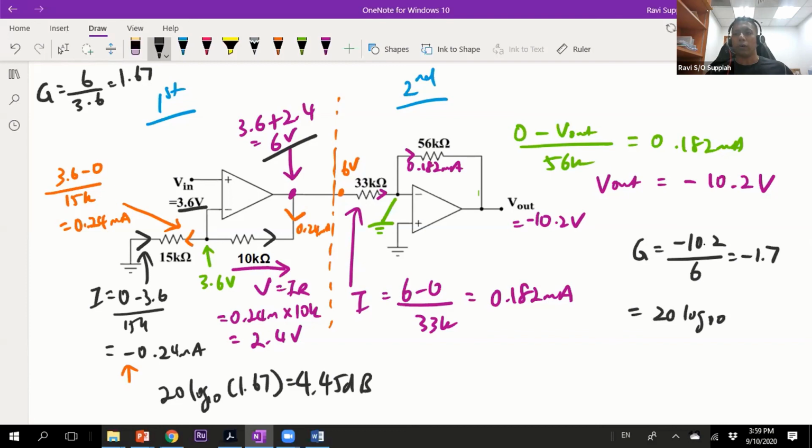For a log operation you need to make sure it's positive, so you have to take the absolute value. Even though the gain is negative 1.7, the negative is just a 180-degree phase shift. It is just inverted, but the amplification is still the same ratio, 1.7. So it's 20 log 1.7, which gives a value of 4.61 dB.